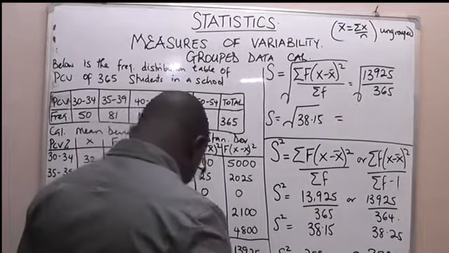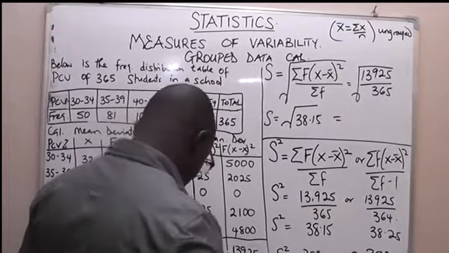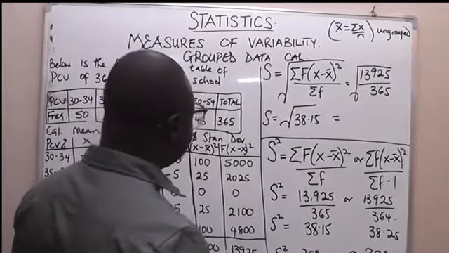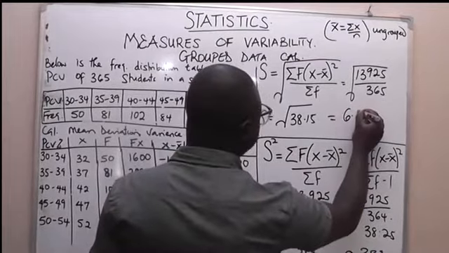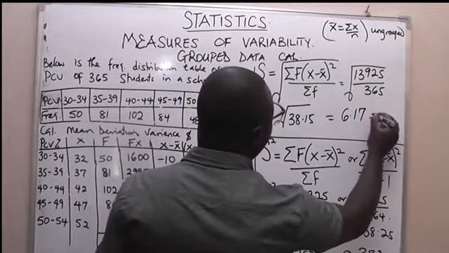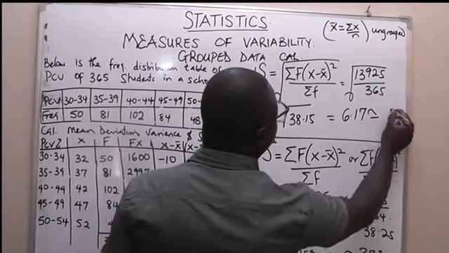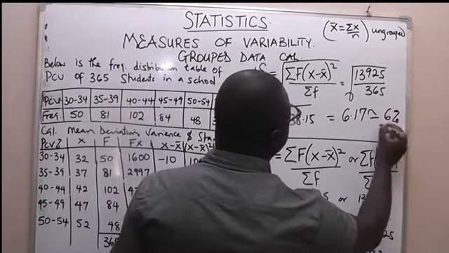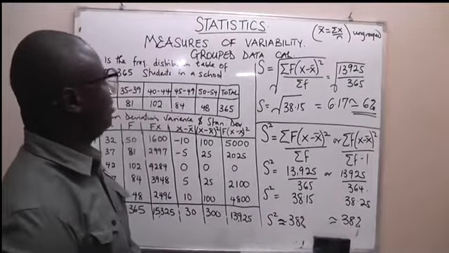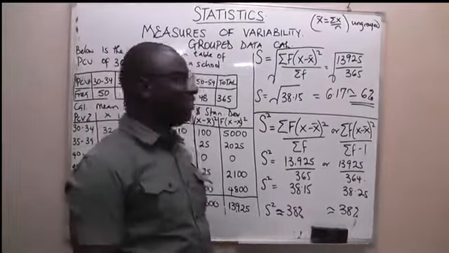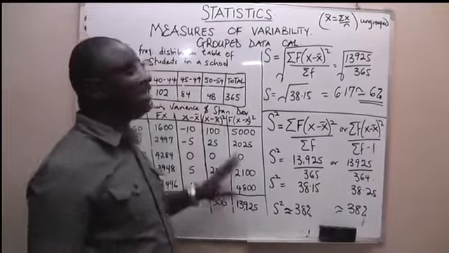If you check the square root of 38.15, you have 6.17. So approximately you have 6%. All right, so that is that about standard deviation as it relates to grouped data.